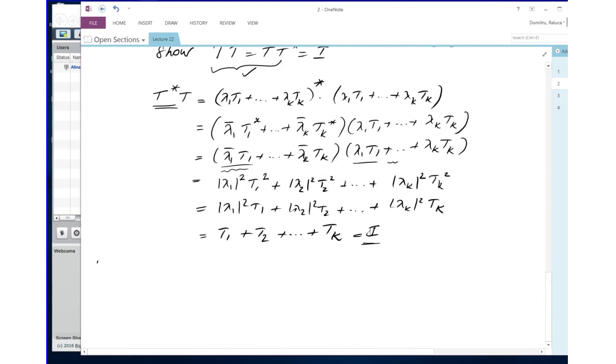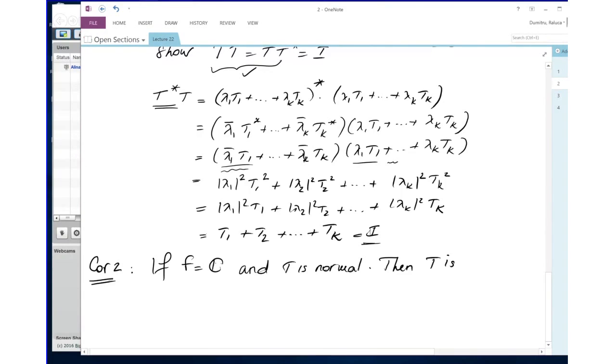So, corollary, the connection to being self-adjoint now. If the field is C again, and T is normal, remember that being self-adjoint implies that it's normal. So self-adjoint is stronger than normal, but how much stronger?